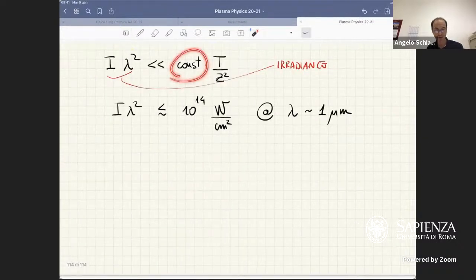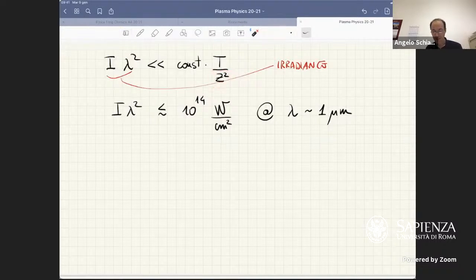So it's just a factor in front. But the scaling law is telling us that the irradiance has to be smaller than a function that increases with temperature and decreases as the square of the maximum ionization stage, Z, of the plasma.